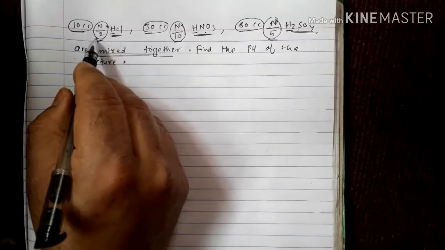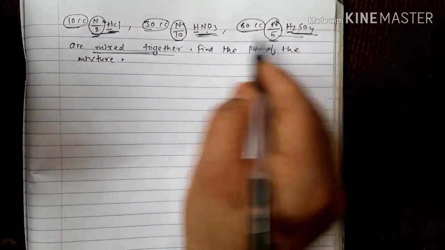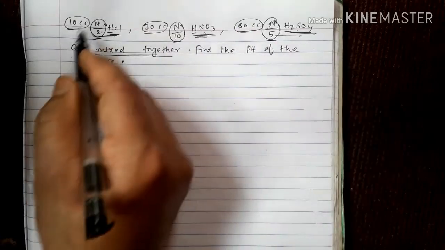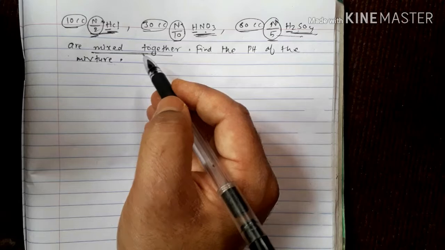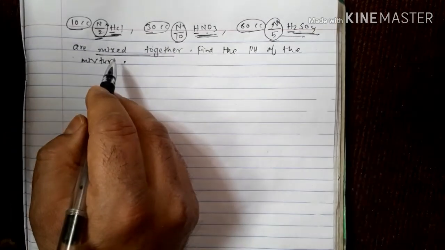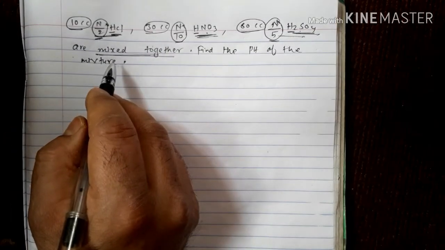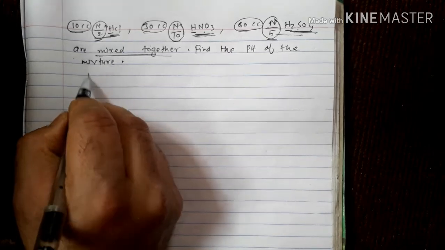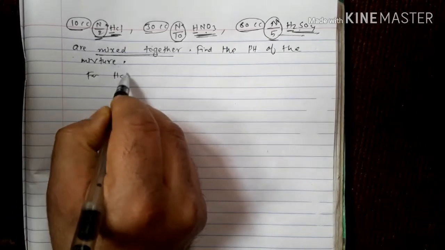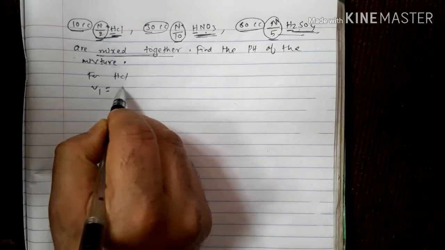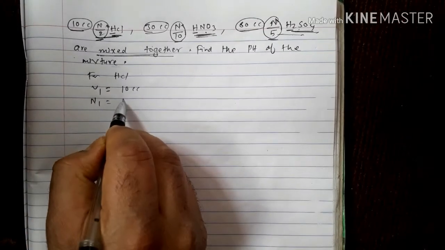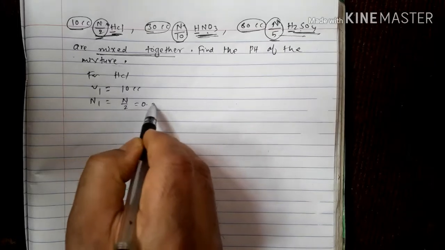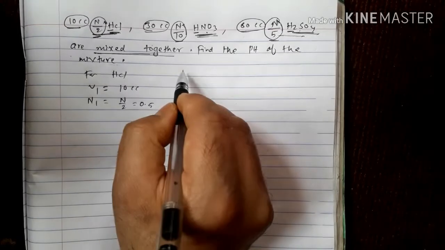Then how to find the pH of such a question? First of all, find when you mix these three acids, what will be their strength, what will be their normality. And we know that normality of an acid is the concentration of H plus ion in moles per liter. Therefore, for HCl, V1 is 10 cc, N1 is N by 2, 0.5 normal.